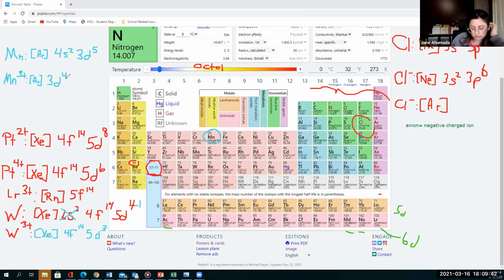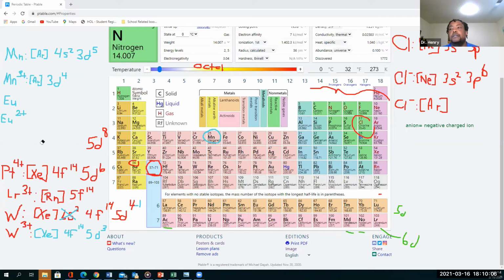Okay, so let's see if we can do one that's a little more challenging, and then we'll move on. Europium, Eu.